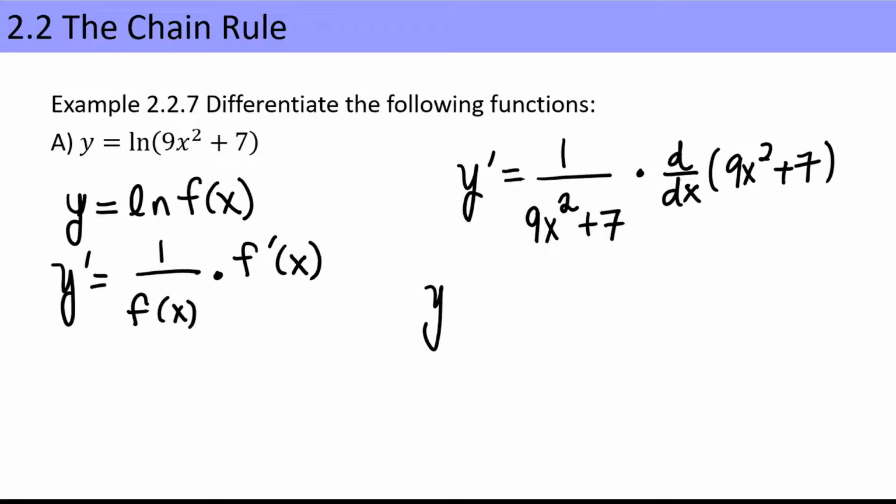Let's clean it up. Y prime is equal to the derivative of 9x squared. We bring down the 2, so 9 times 2 is 18x. The derivative of 7, 7 is a constant, so that derivative is 0. We need to write the 9x squared plus 7 for the denominator, and we have the derivative.